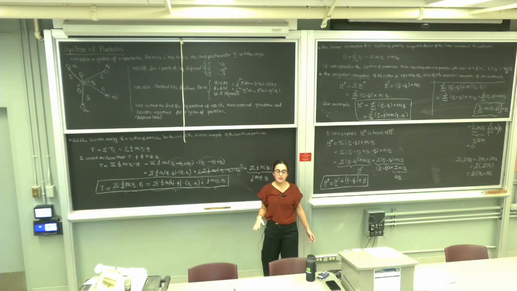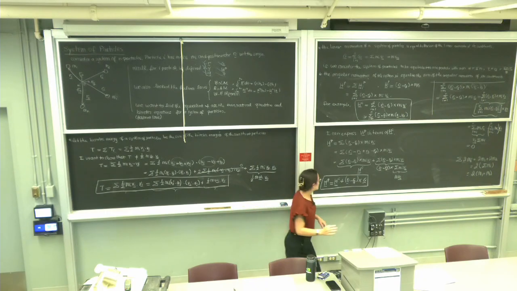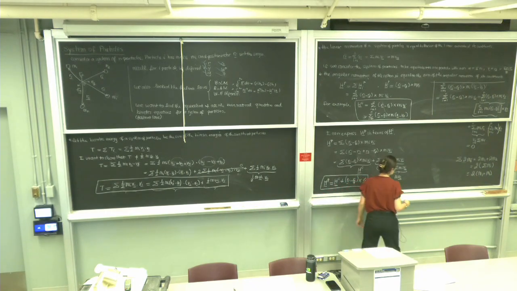We basically just have to sum the balance laws for each individual particle to get the balance law for the system.